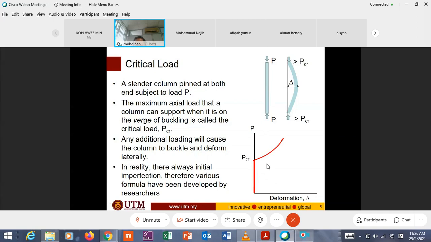This is lateral deformation. Before you reach the critical value, there is no deformation. But once you reach this critical value, it will deform tremendously, too much.